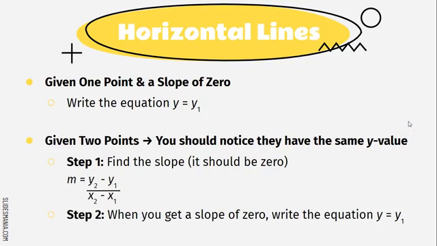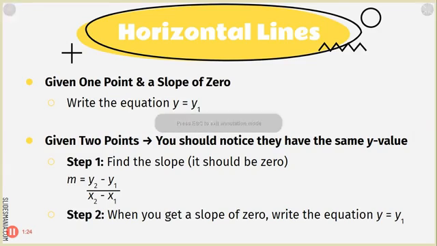So, horizontal lines. When you are given 1 point and a slope of 0, if I give you an ordered pair or a point, and I tell you the slope is 0, the way we write our equation is just y equals the y value of your point.